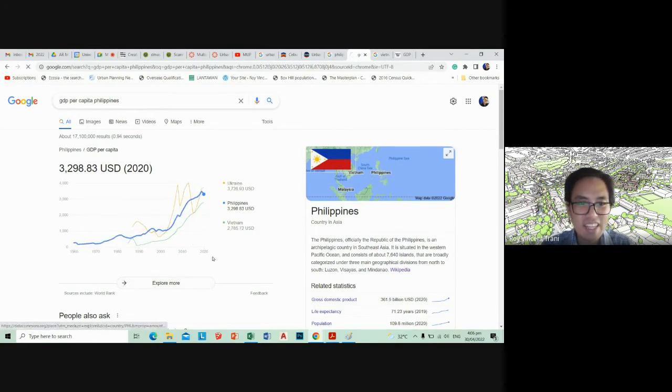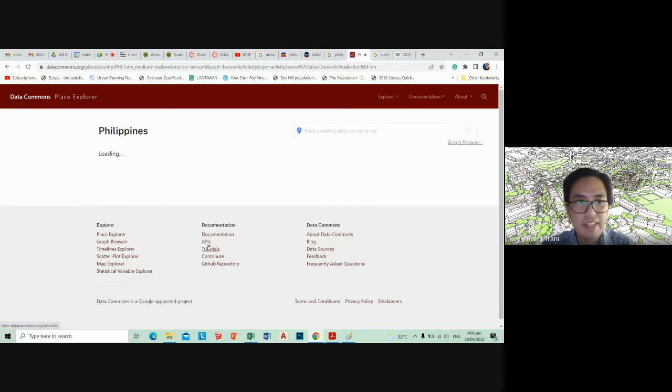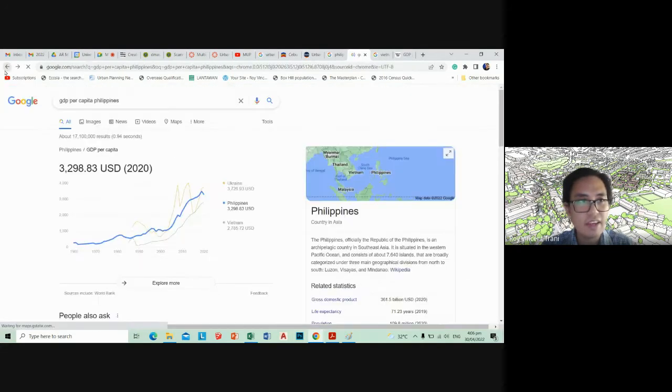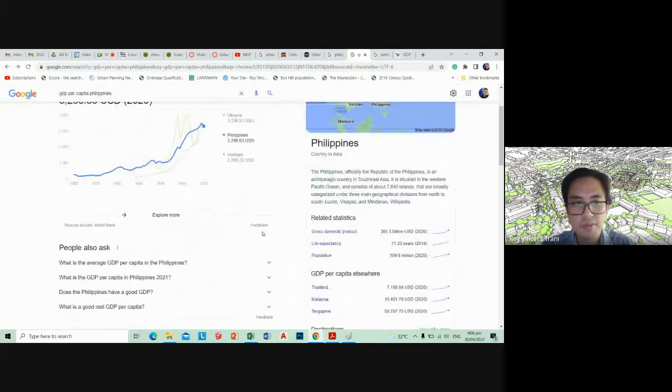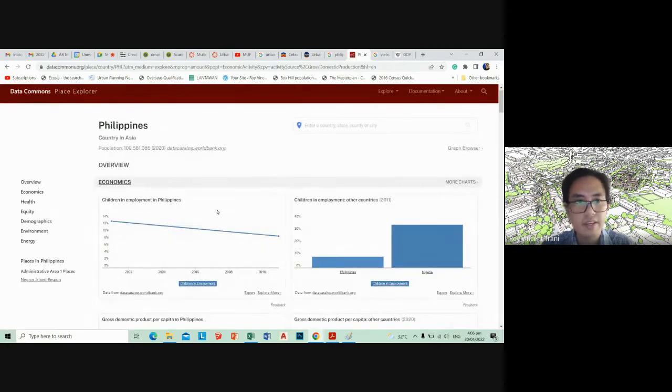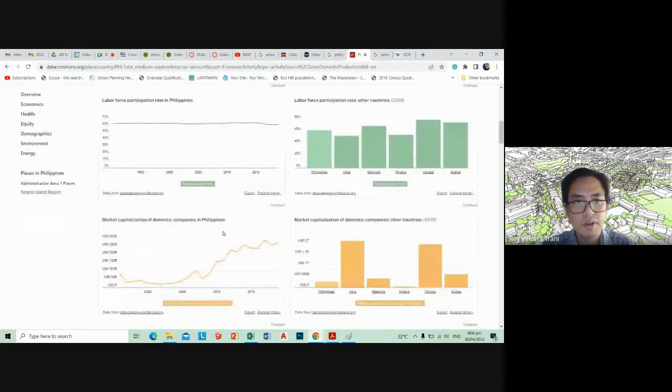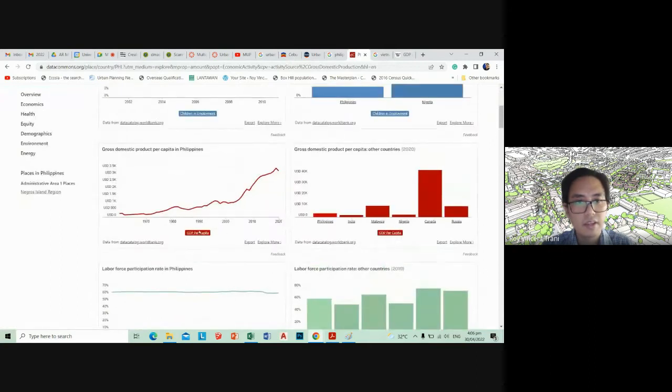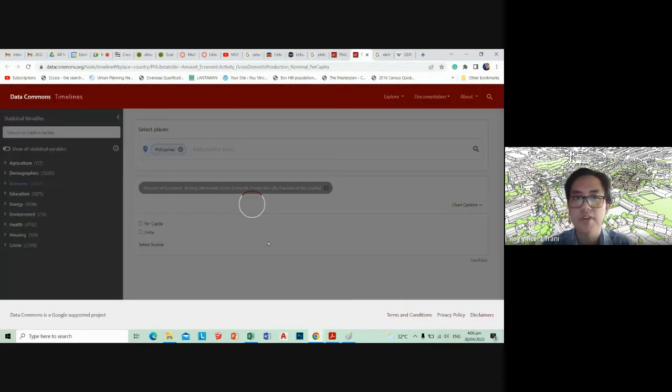Let's see. I'll explore this more. No, not that. I think we can customize which country to include. Hmm, World Bank, children employment, explore more.